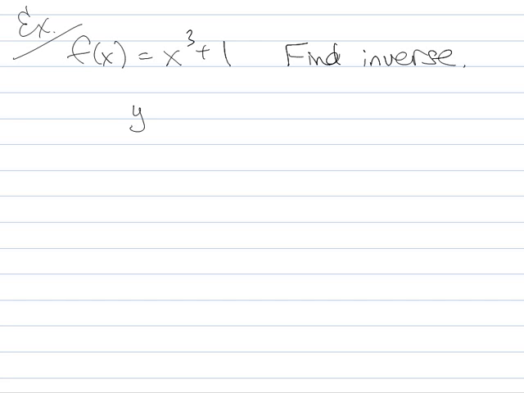Say we had f of x being equal to x cubed plus 1. We want to find the inverse. So remember, we have y equals x cubed plus 1. We're going to make all the x's y's and all the y's x's. Like that. I want to solve for y.